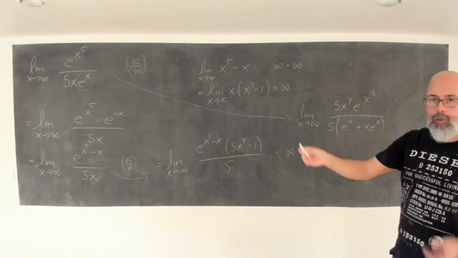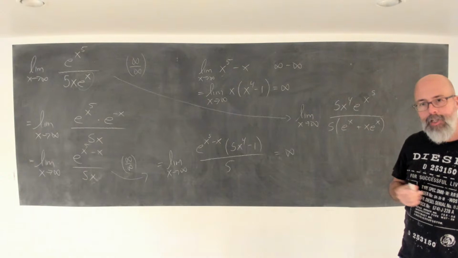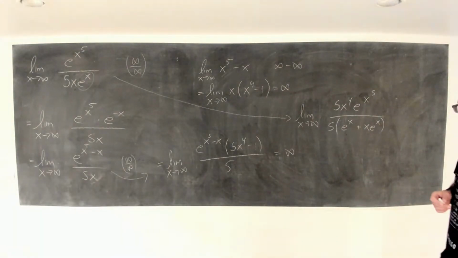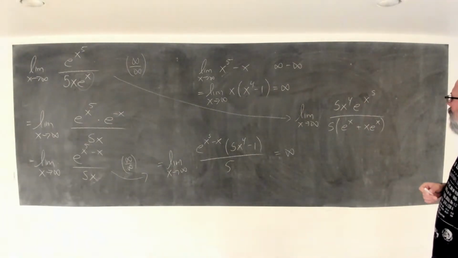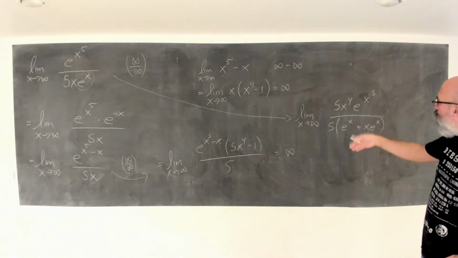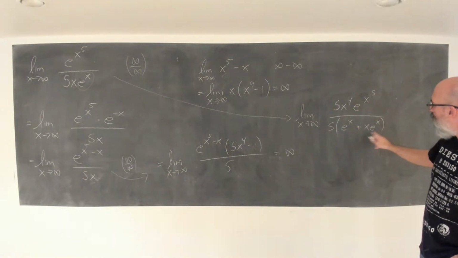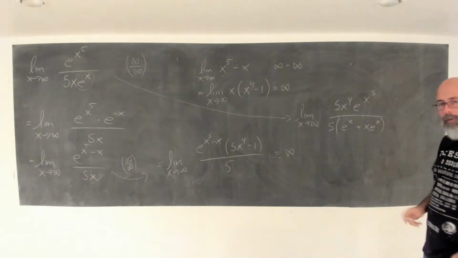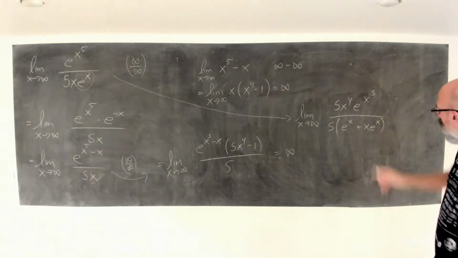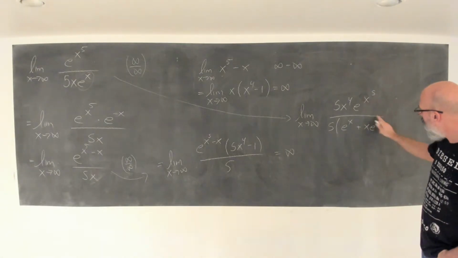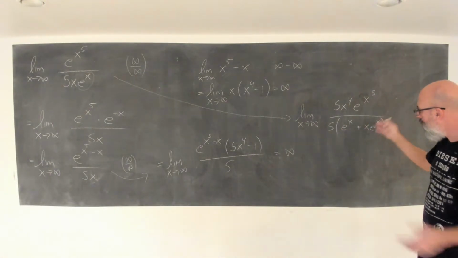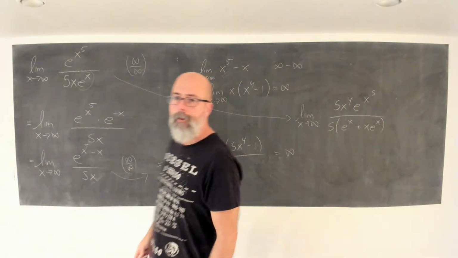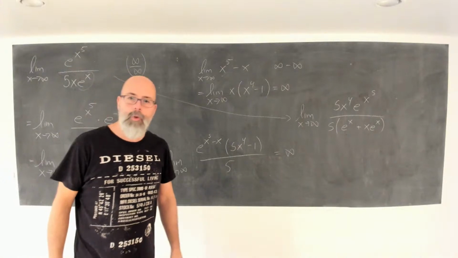You're applying L'Hopital's rule in the hopes of making everything simpler, and it's really getting worse. If you keep going, you still have an infinity over infinity, and now it's a product rule in the numerator, which is going to be a lot of work. And you still have a product rule here. It's not getting simpler, it's getting worse.